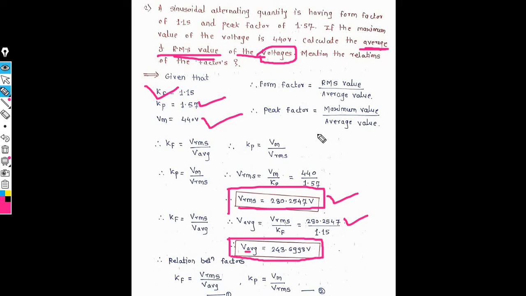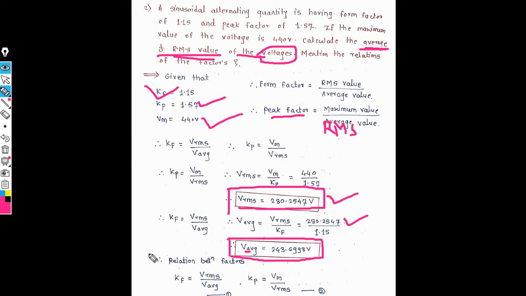Here is a mistake: it is not average value, here it should be RMS. The peak factor is the ratio of maximum value upon RMS value. This is the correction: here it is not average, it is RMS. Listen carefully, peak factor is the ratio of maximum value upon RMS value.